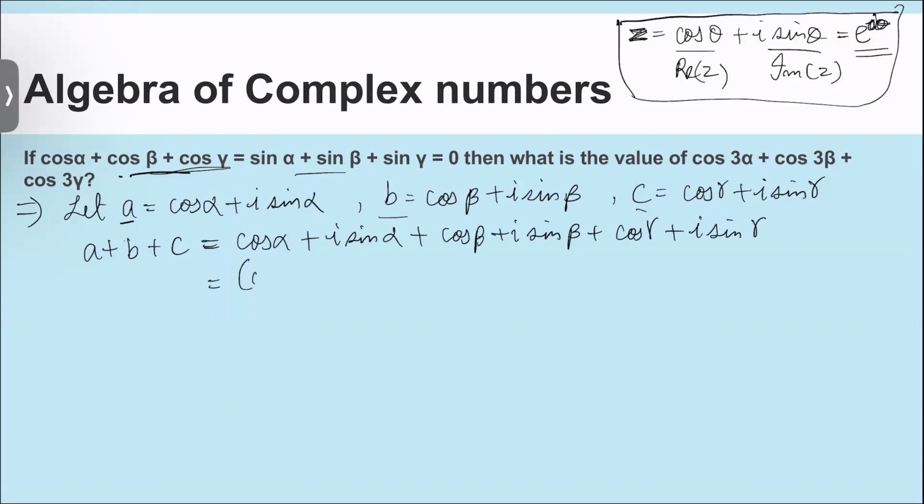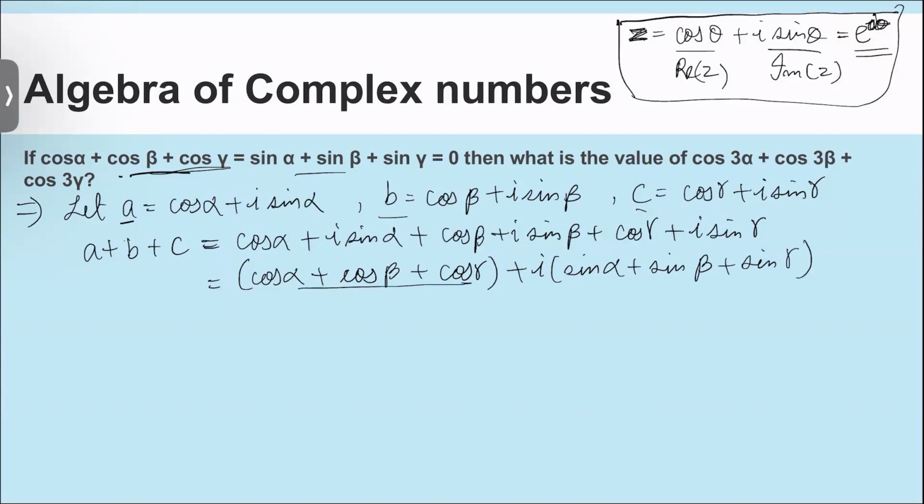If you separate out, cos alpha plus cos beta plus cos gamma, plus i times sin alpha plus sin beta plus sin gamma. Since we know that this equals 0 and this also equals 0, we can say that A plus B plus C is equal to 0.